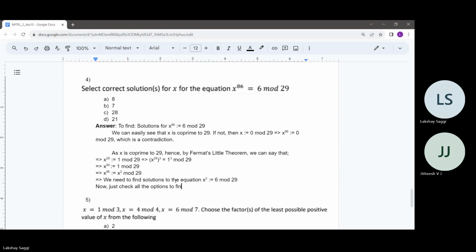To find which fits the above modulo equality.